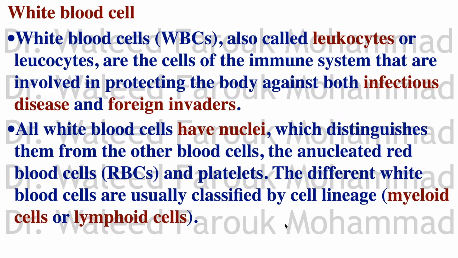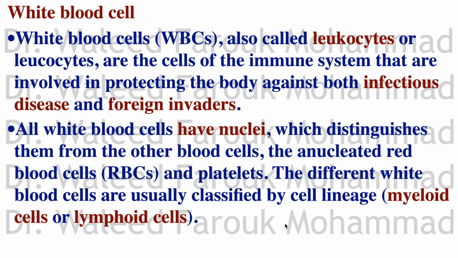White blood cells, on the other hand, are called leukocytes. They comprise the immune system, they're important for defending the body against infectious diseases and foreign invaders. And they all have nuclei, different than the red blood corpuscles, of course, and platelets.